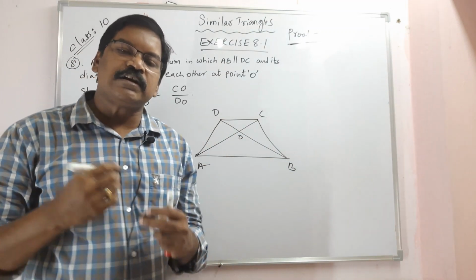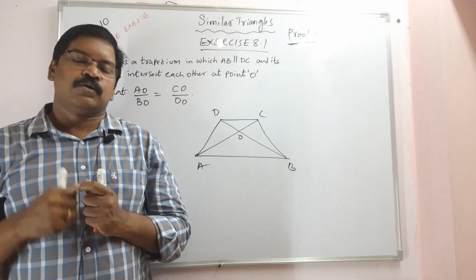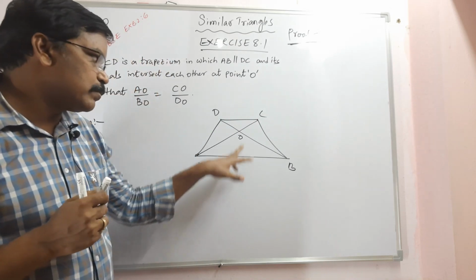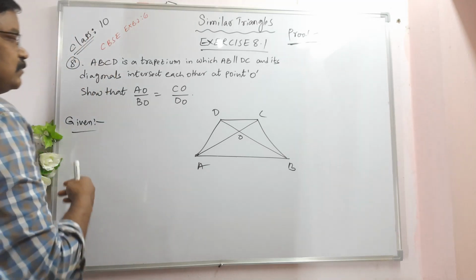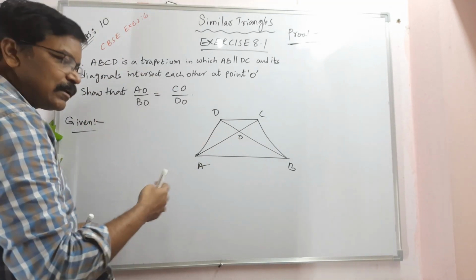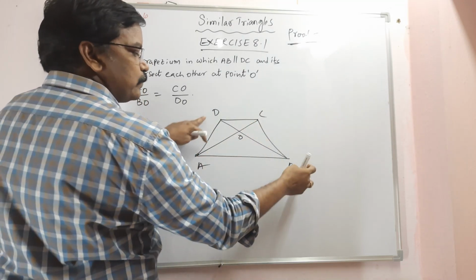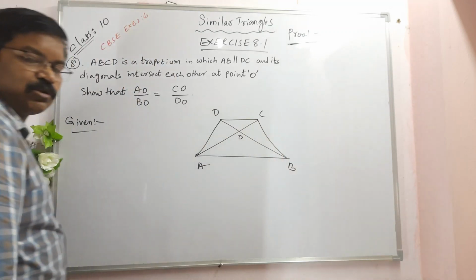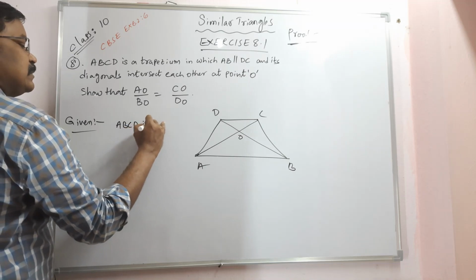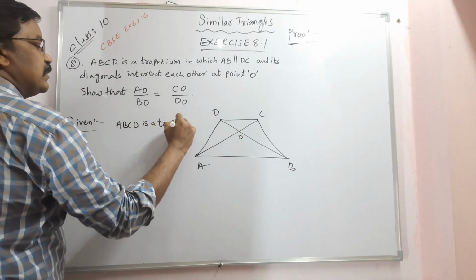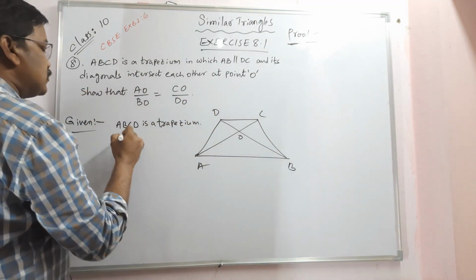ABCD is a trapezium. What is a trapezium? A quadrilateral in which only one pair of opposite sides are parallel is called a trapezium. What about a diagonal? A diagonal is a line segment joining opposite vertices. So what is given here? ABCD is a trapezium, and AB is parallel to DC.